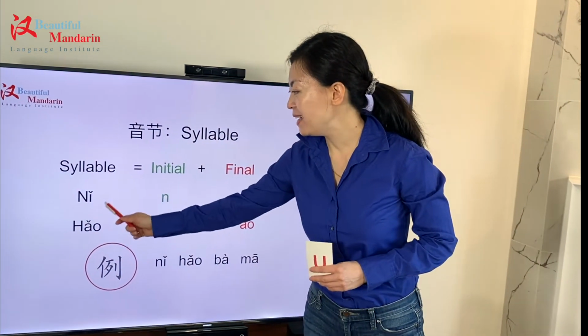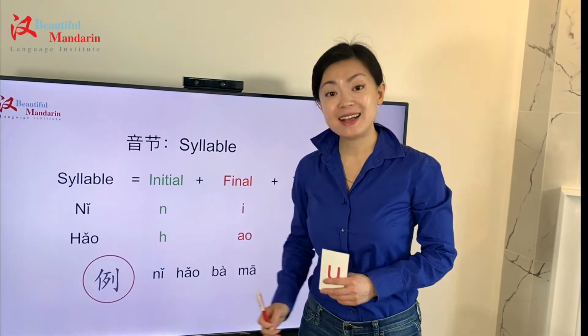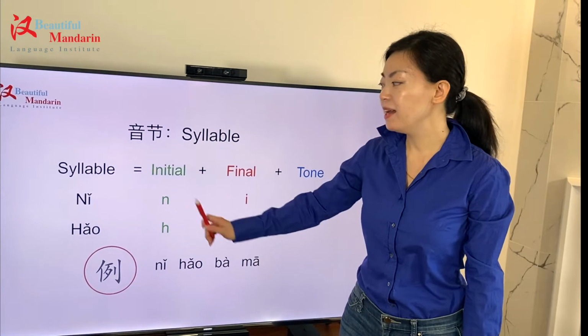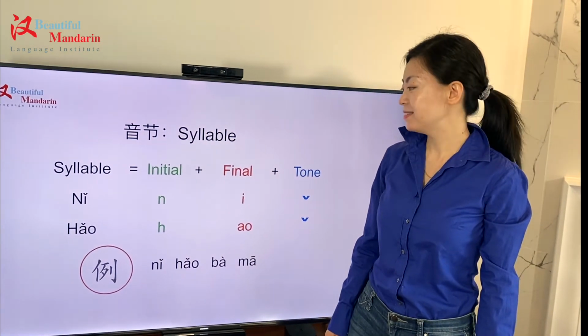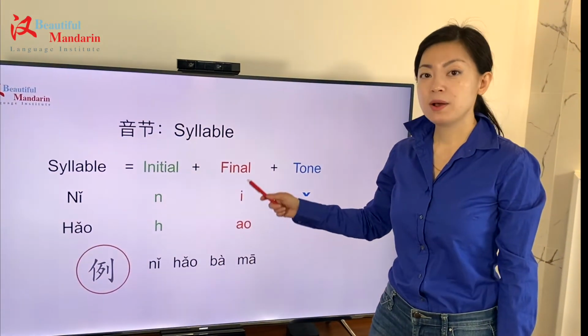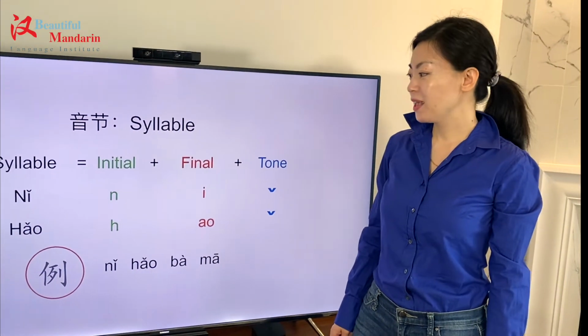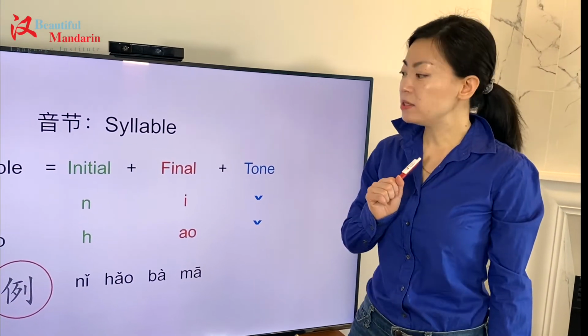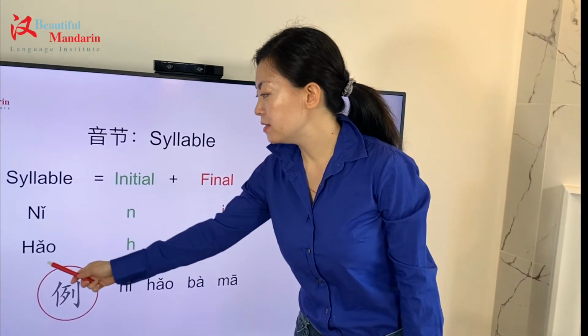好，我们看一下。Let's use ni as example. So the first letter, n, will be initial. And the second letter, yi, will be final. In this case, the final with only one letter. But we also have the other syllable.